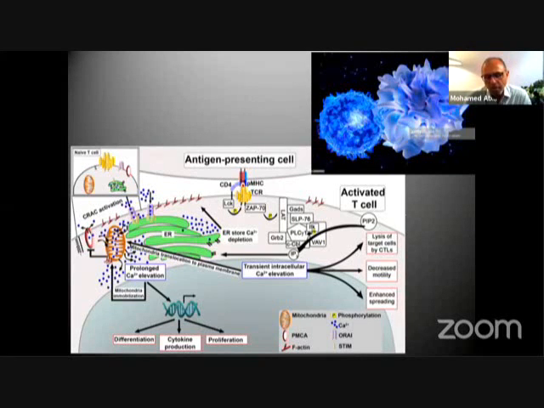Activation of the T cell means activation of an enzyme called calcineurin. What this does is it opens the pores of the cell to calcium, so that there's an influx of calcium into the cell.